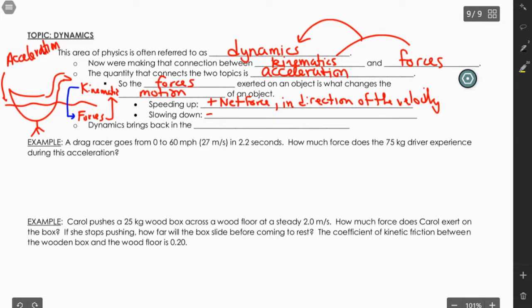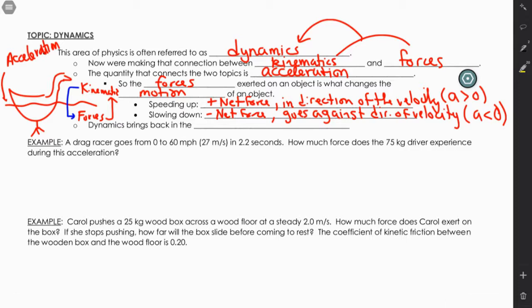If we're slowing down, we generally have a negative net force, and it goes against the direction of the velocity. Okay? So this would be a positive acceleration, and this one would be a negative acceleration.